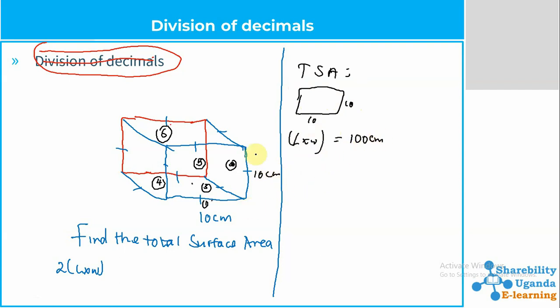So now we are counting that we have 6 faces. For us to get our total surface area, TSA, we say that we have 100 centimeters for the one face.